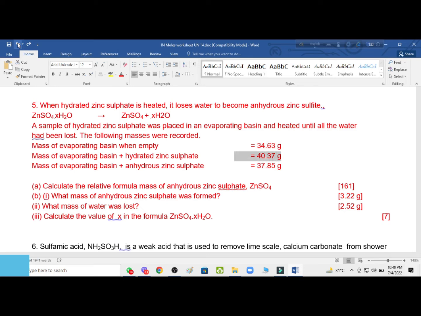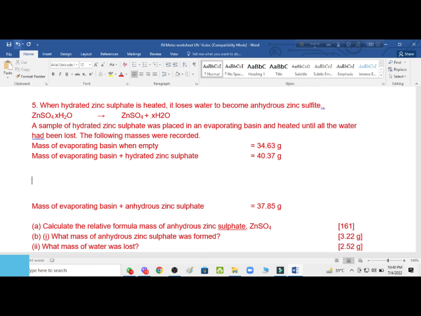And mass of container, this is the evaporating basin, plus hydrated zinc sulfate. Okay, if you subtract these two, what would you get?